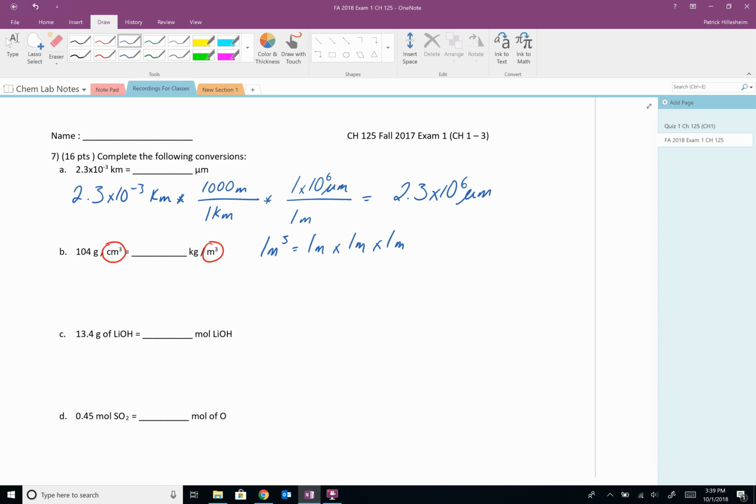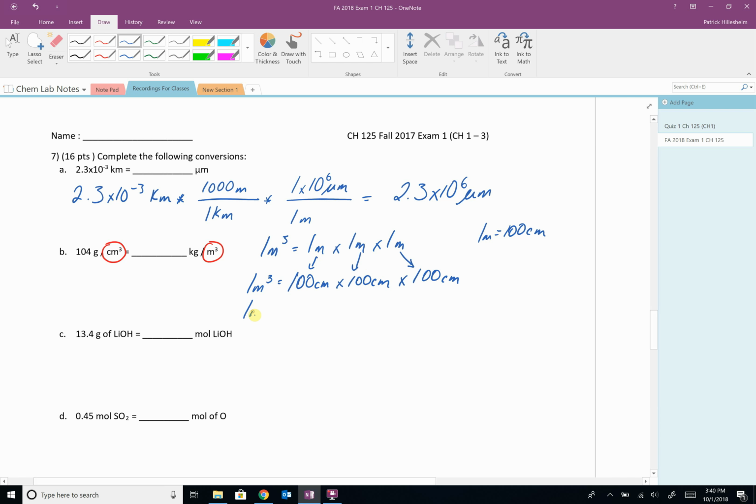Now, we should know that 1 meter equals 100 centimeters. So what we can say is 1 cubic meter equals 100 centimeters times 100 centimeters times 100 centimeters. So we're just converting each dimension of a meter into 100 centimeters.